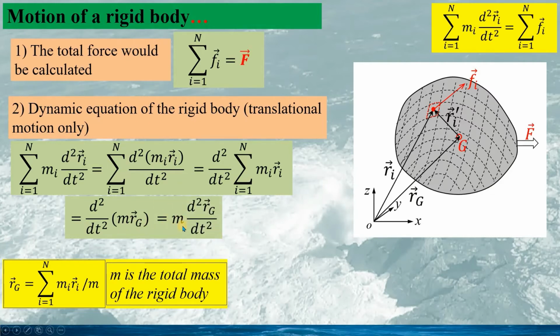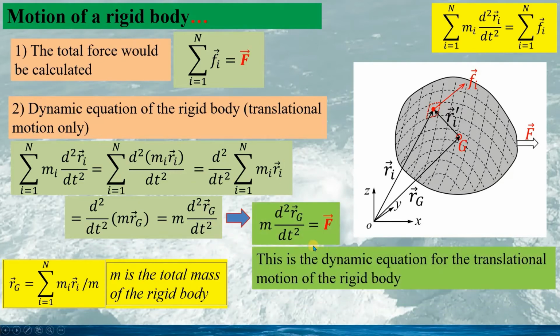Since m, the total mass, is a constant, the second differentiation would be made on the vector r_g. Put all this together, we have the equation for the overall motion of the rigid body, the translational motion, given as this.